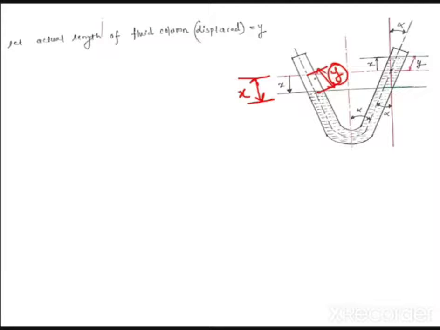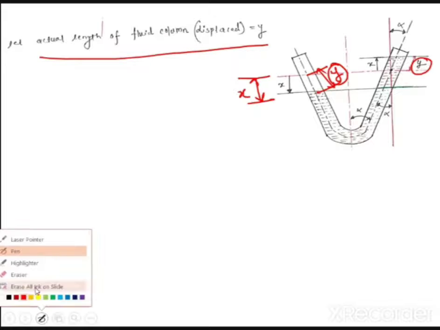So if y is the actual displacement in one tube, in the other tube y will also be the actual displacement, which is raised. This is the difference between the two problems. Again, you are applying the same x as a displacement vertically, but since this U2 manometer is not vertical, it is inclined, you have to consider y as the actual length of the fluid column displaced. So I hope it is clear to all of you.